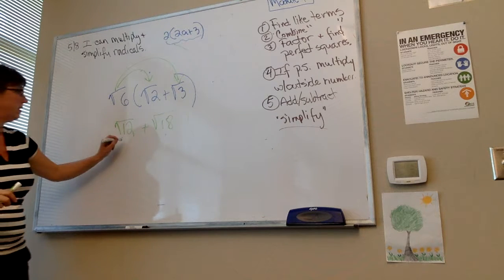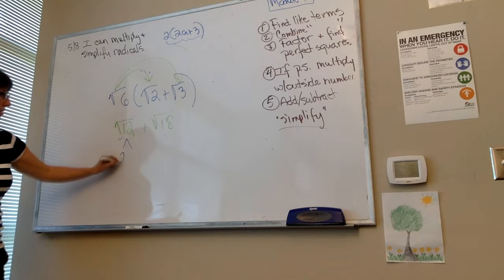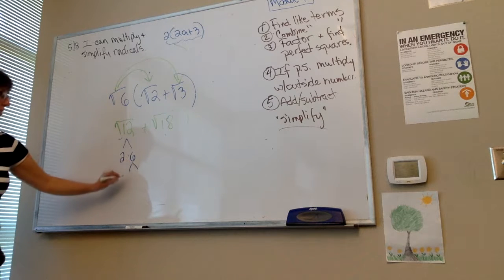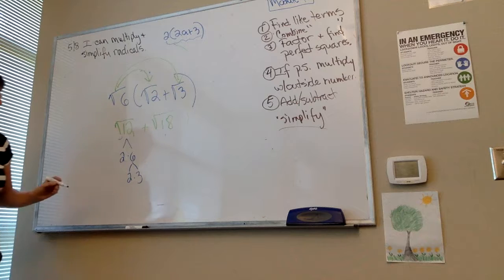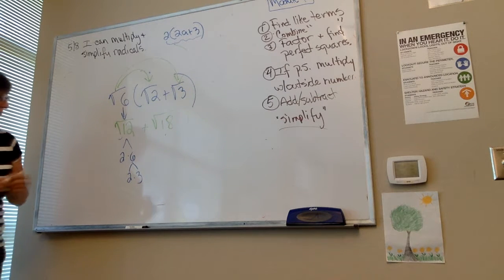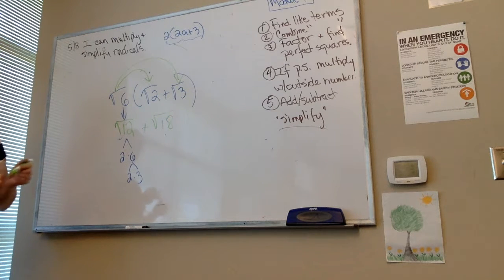Now I'm seeing some factoring going on. 2 times 6 and 2 times 3. So I'm just going to look at this part right here. And these are still completely under the square root symbol.